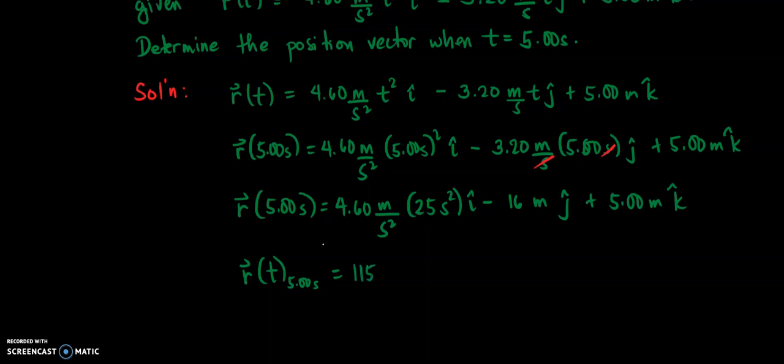Then we will cancel out the second square unit. So 115 meters i hat minus 16 meters j hat plus 5 meters k hat.